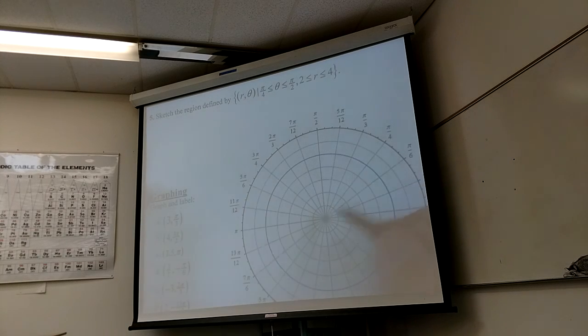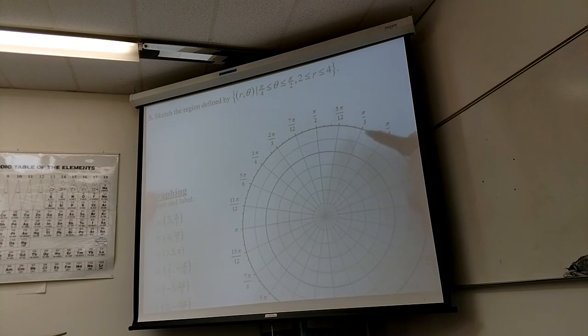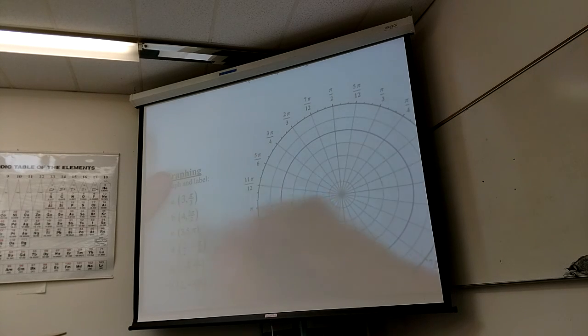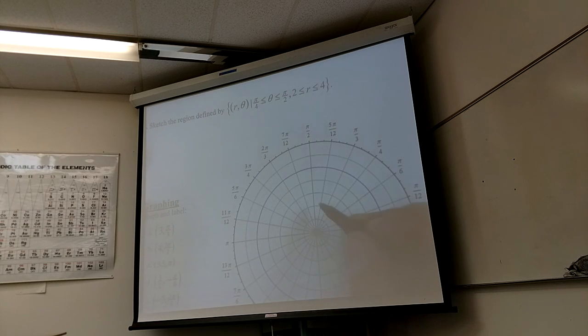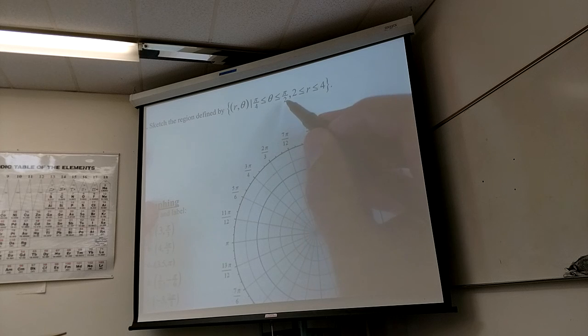So depending on how you want to define your r-axis here, of course the r-axis is everywhere, but I would normally call this 1, 2, 3, unless I have some freaky r's, and I don't, for later. So this would be r equals 1, r equals 2, r equals 3, r equals 4. So I've got to go from 2 to 4, but in between pi over 4 and pi over 2 for theta.